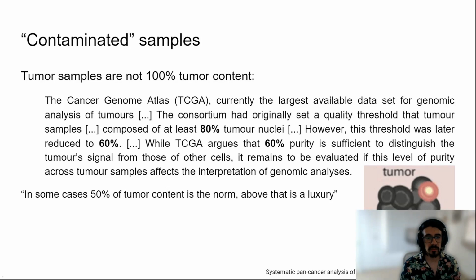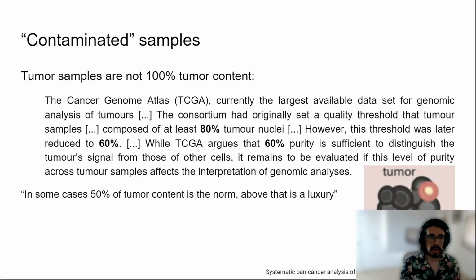However, this ratio was later reduced to 60%, which means that if you get 60% tumor and 40% control, you have enough information such that the interpretation can be good. However, in some cases, 50% tumor content is the norm, and above that can be a luxury.